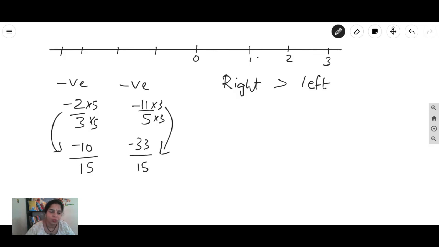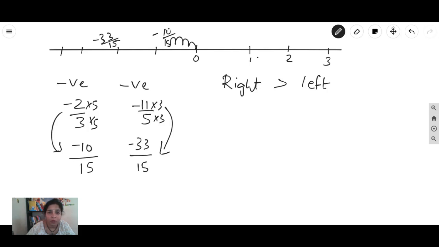When comparing these two, we have to understand how we were plotting, how we were marking the rational numbers. From here we were seeing where 10 over 15 will come, correct? Negative 10 over 15 will come somewhere here, because from 0, the position of negative 10 will be nearer compared to the position of negative 33 over 15.